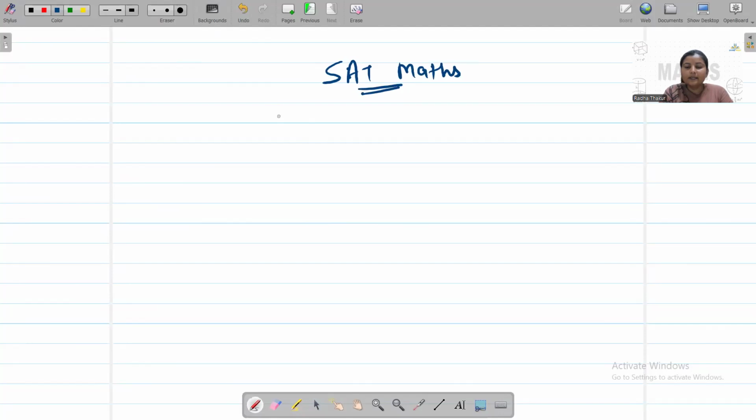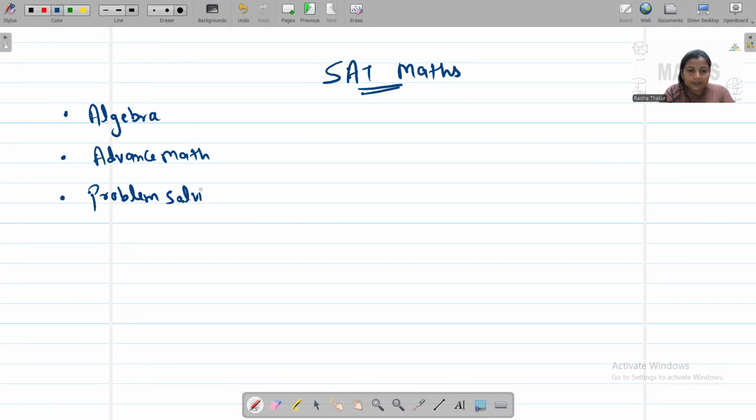the whole syllabus is divided into a total of 4 parts. First is algebra. Second is advanced maths. The third one is problem solving and data analysis.